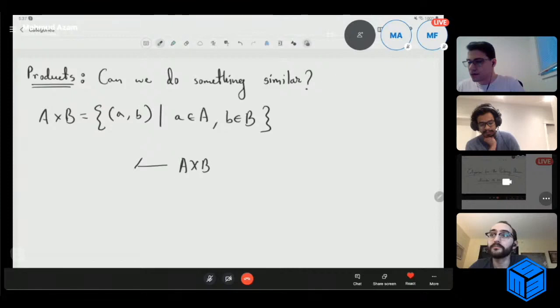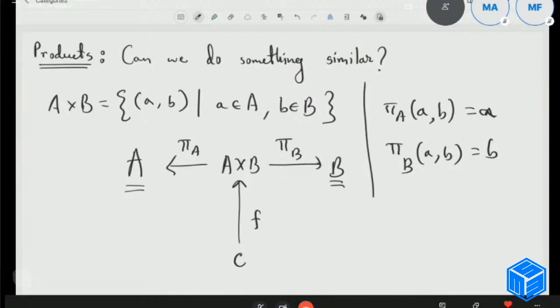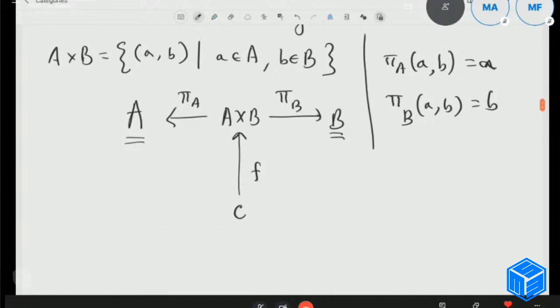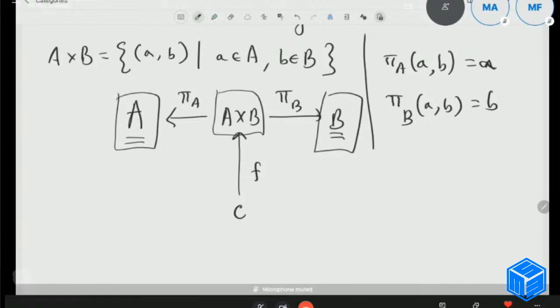So we have a function from C to A cross B now? We were talking about projection maps from the Cartesian product to the two things that we take the Cartesian product of. The question I asked was, if there's an arbitrary function f coming into the Cartesian product from some arbitrary set C, do we have any maps from C into A or B automatically?